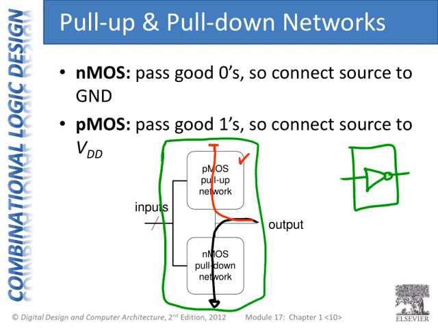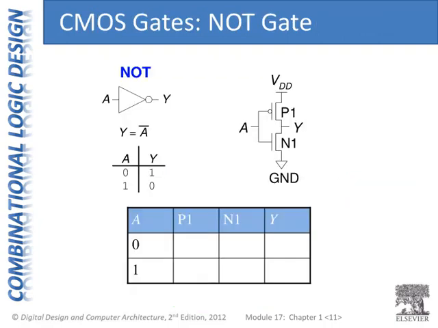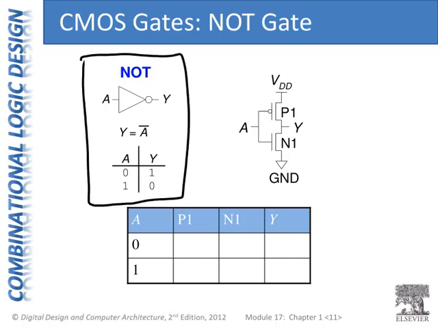So again, our pull-up network always consists of only PMOS transistors. Our pull-down network, connecting our output to ground, includes only NMOS transistors. So let's observe how this works. This is what we talked about a long time ago, that our NOT gate has a name, a symbol, an equation, and a truth table.